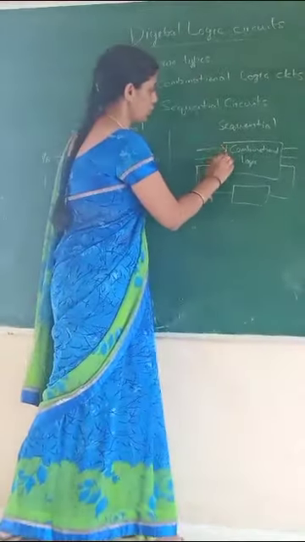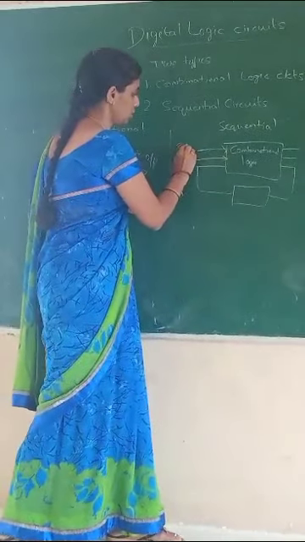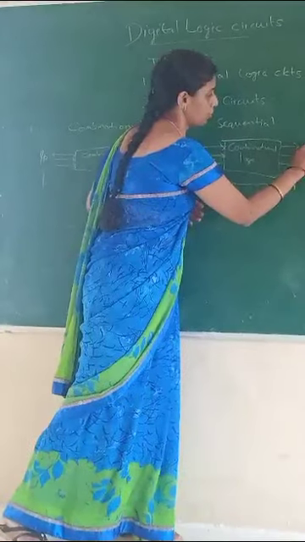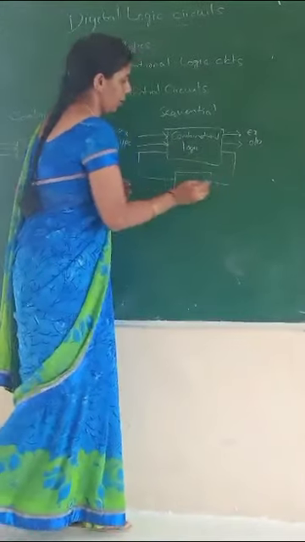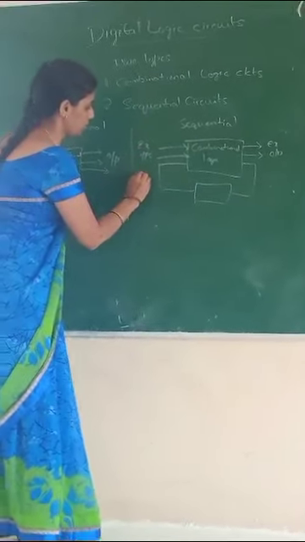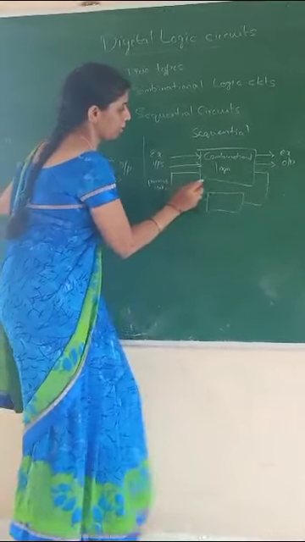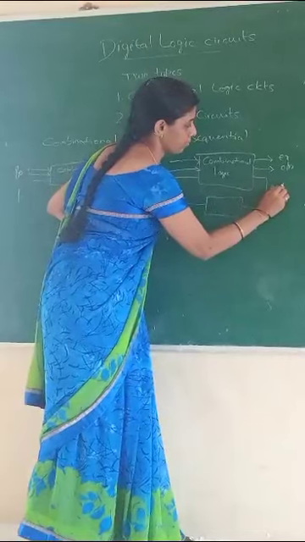this is the sequential circuit. We use external inputs and these are external outputs, and this is the previous state and here it is the next state.